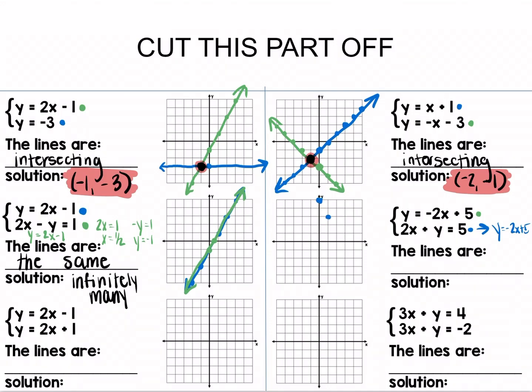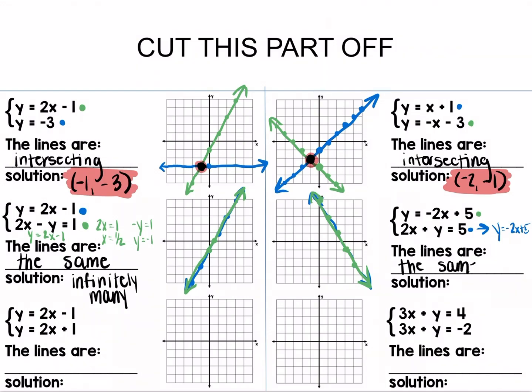I draw the line. And then if I graph my second line, y is 5, and then down 2 to the right 1, down 2 to the right 1, you notice it ends up being the exact same line. So the lines are the same.